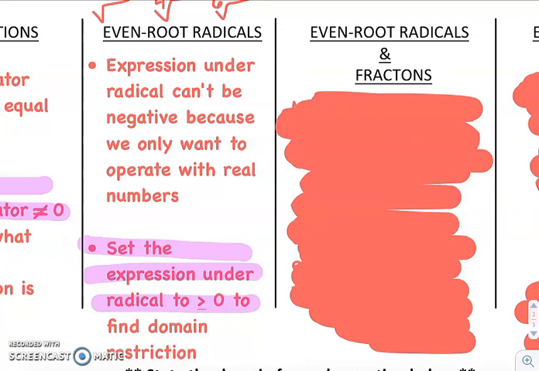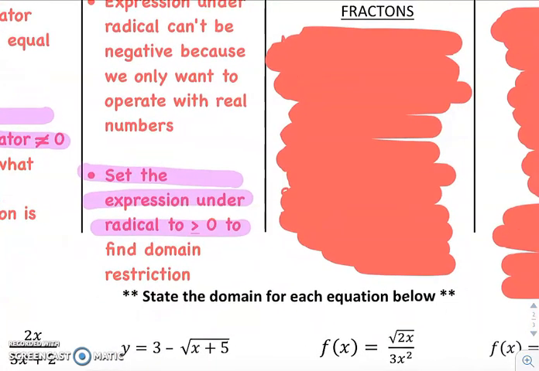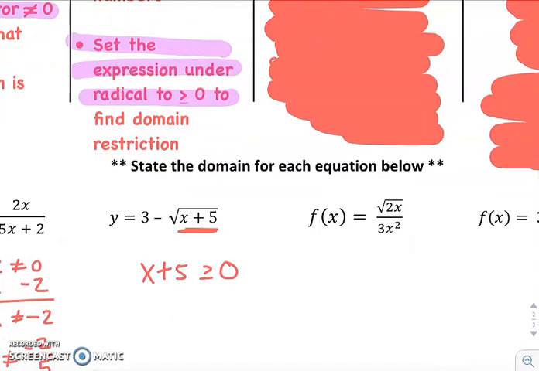So if you look at y equals 3 minus the square root of x plus 5, we really could care less about that 3 minus on the outside. We just care that x plus 5, the expression underneath here, is greater than or equal to 0. And you can probably do that in your head. What value would that be?